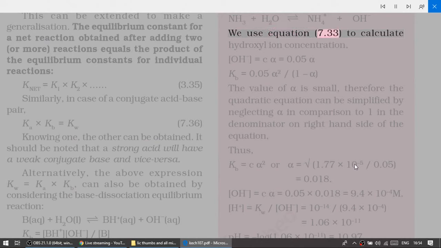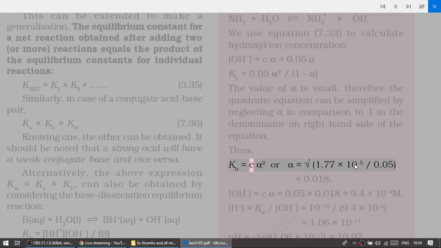We use equation 7.33 to calculate hydroxyl ion concentration. [OH-] = Cα = 0.05 α. Kb = 0.05 α²/(1 - α). The value of α is small. Therefore, the quadratic equation can be simplified by neglecting α in comparison to 1 in the denominator on the right-hand side of the equation.